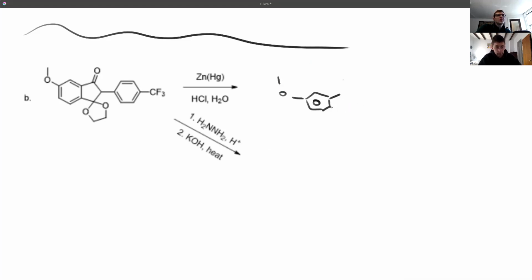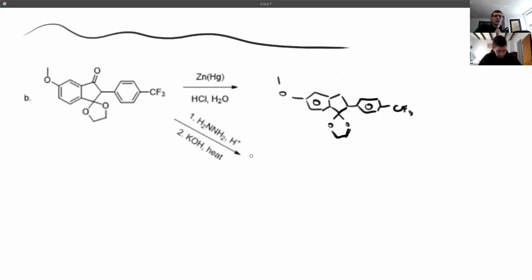Gonna be honest, I don't like how complicated this compound is for how little's happening to it. It's kind of freaking me out. Yeah, I would agree with that. Something like this. I think so, yeah.